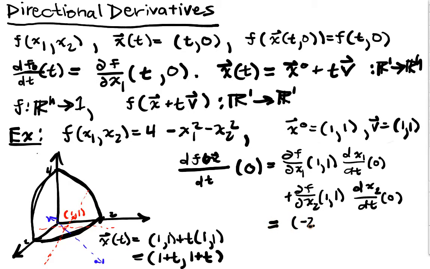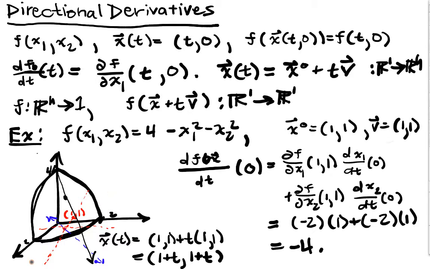So I get negative 2 times 1 plus negative 2 times 1, which in the long run gives me negative 4. And that gives me the derivative at this point, and it tells me I can compute a tangent line along this direction, and that gives me the slope in the xy direction and in the z direction, right? So this will be x1, x2, and f of x1, x2, sometimes called z because we can.